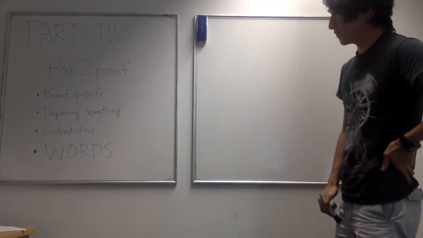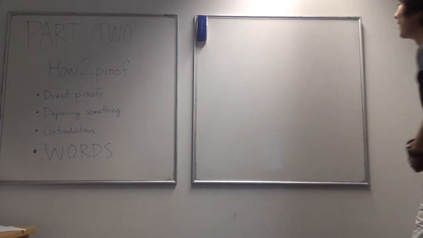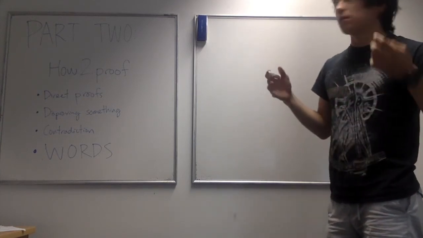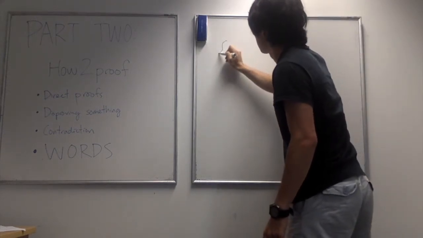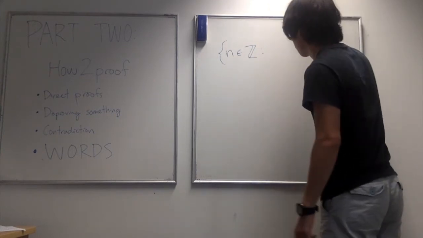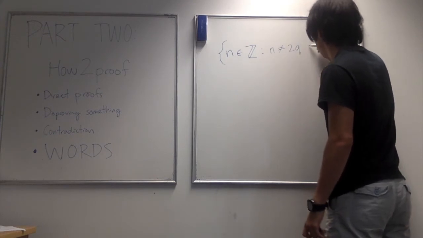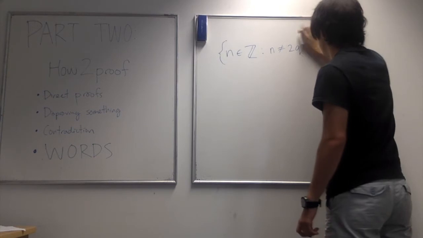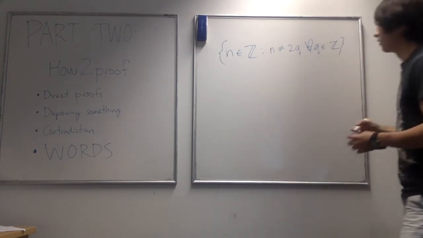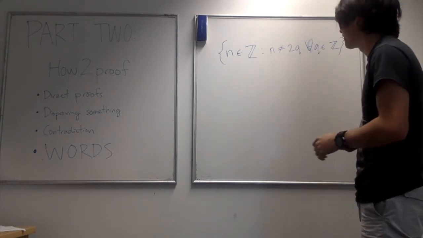Okay, I missed out something important. There's a new addition to our how to proof list: words. Sometimes someone might write something like this: the set of n in Z such that n is not equal to 2q for any q in Z. You look at this and you just go, ooh, what?